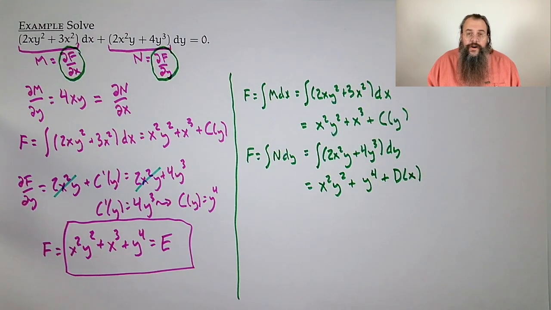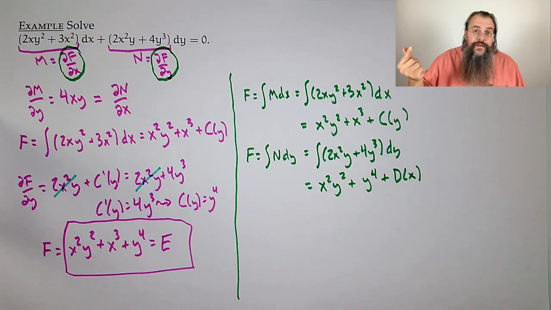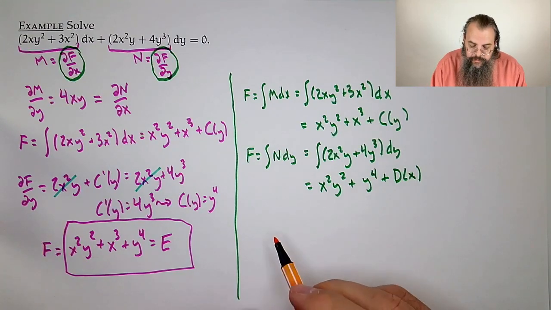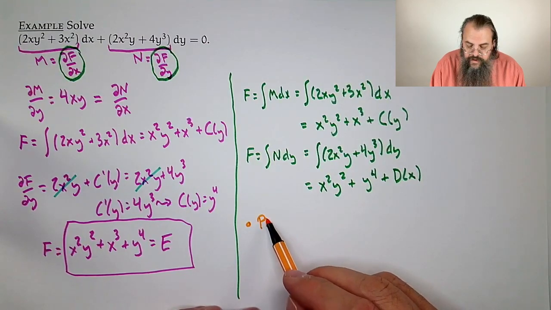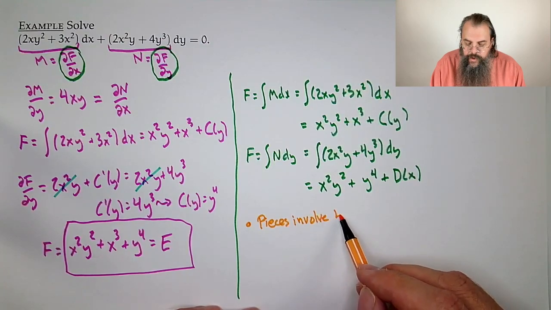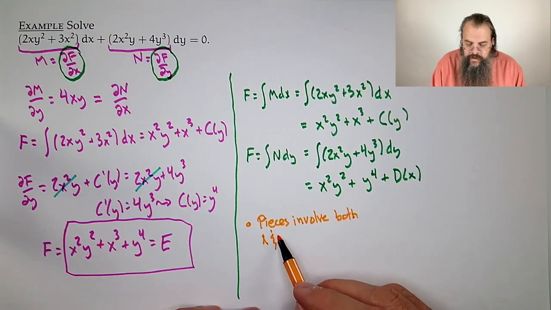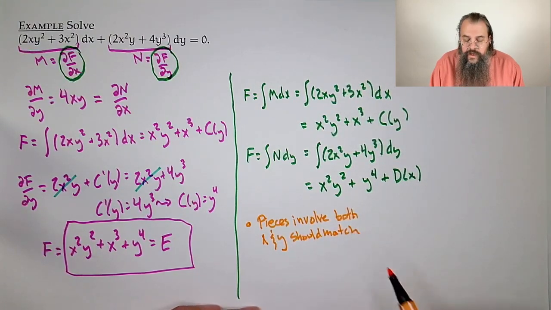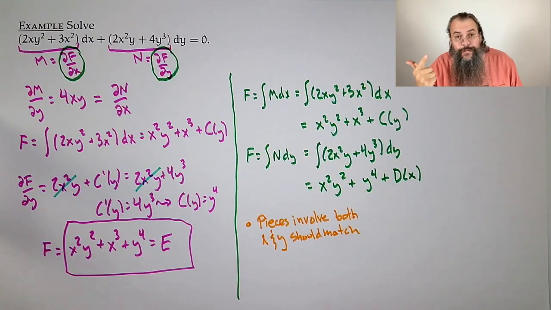Okay, so now our great aha, how do we make sure it's exact? How do we piece our function together? And the answer is we should have the following. The pieces which involve both x and y should match. And if they don't match, either what you have wasn't exact or mistakes were made.